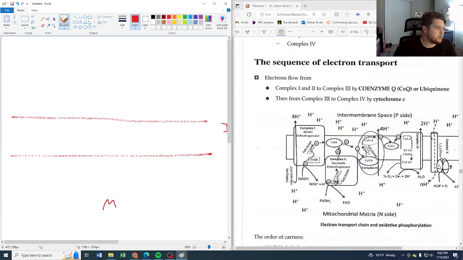This side down here is our matrix, and this is our membrane space.